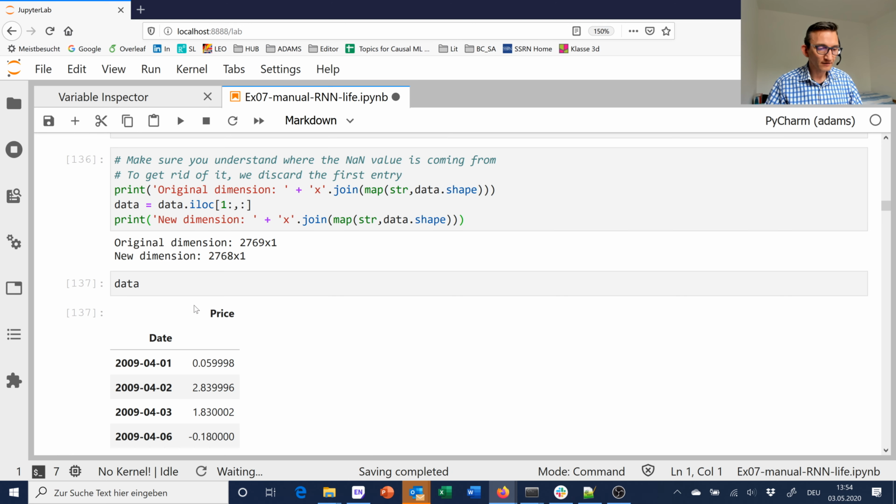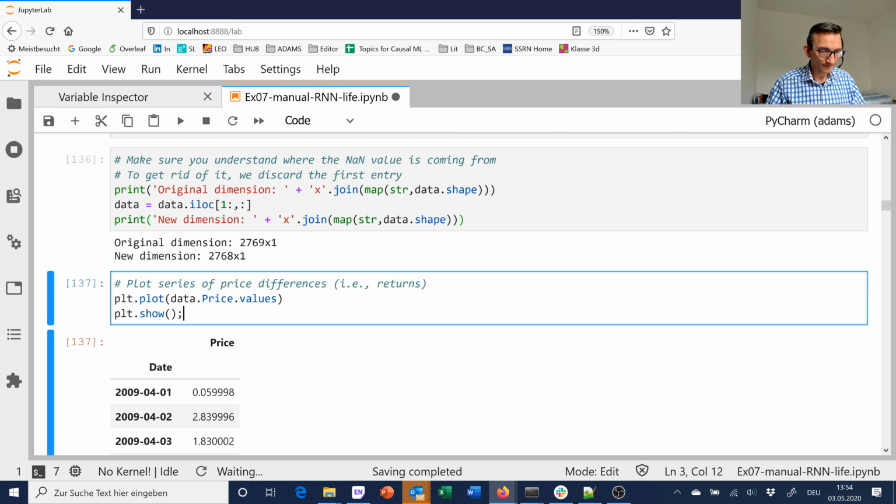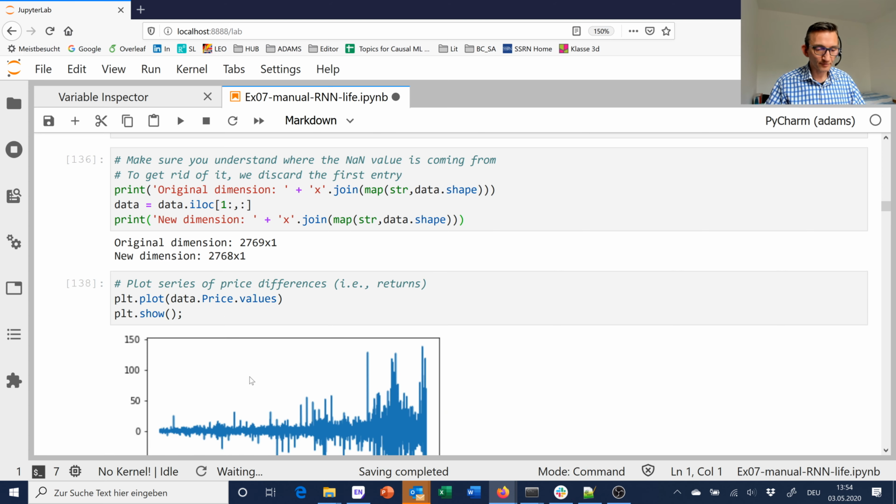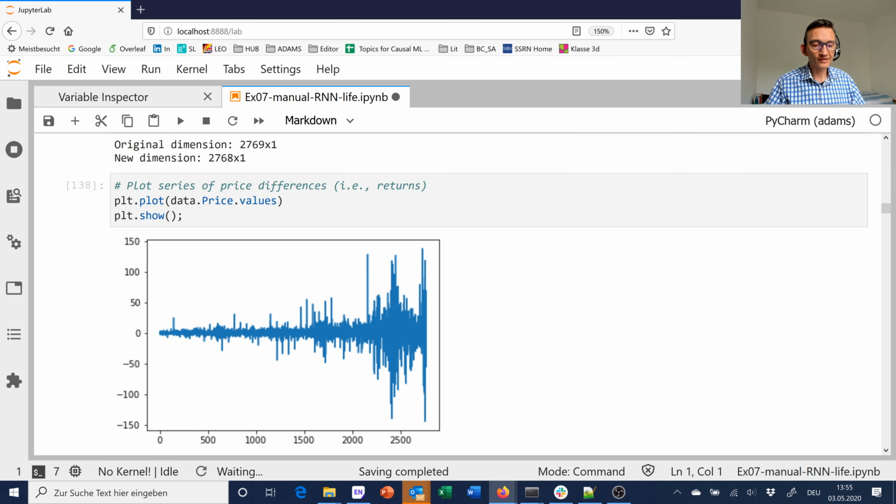Let me plot that. Using just extracting the price values, putting that to plot will give us a plot of the difference, and then here is our data, but after taking out the trend.